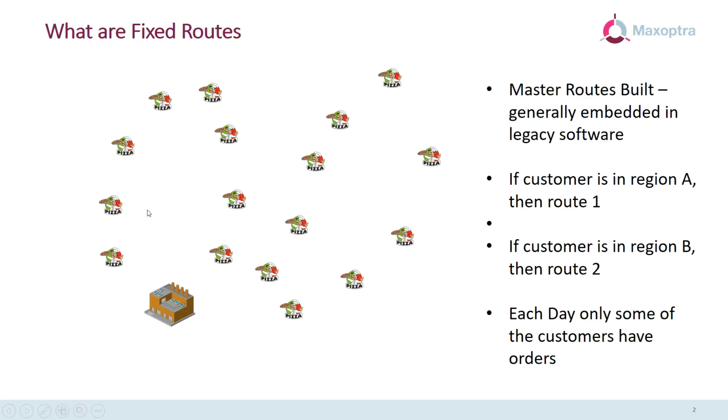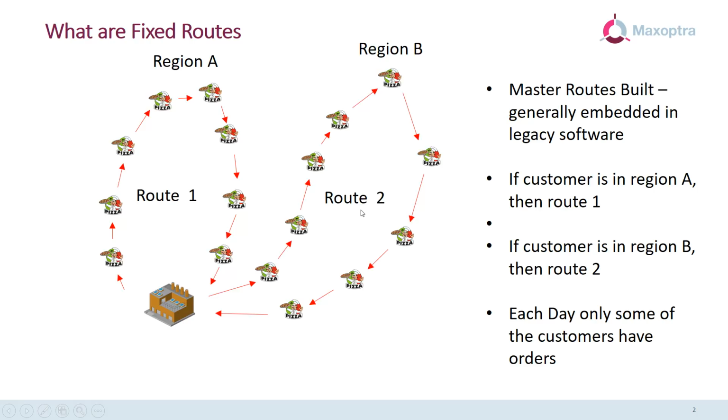And what it amounts to is dividing the area that I cover into regions, and customers are allocated to routes in the region. So, for example, this could be a city or it could be a number of counties. And I say, well, actually, whenever a customer occurs that's in region A, it's going to be on route 1.